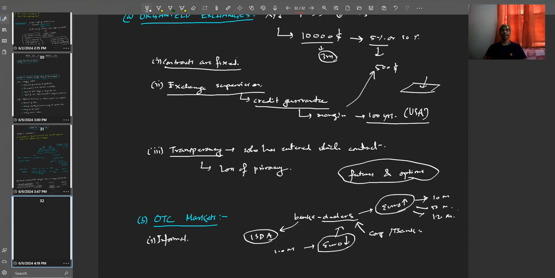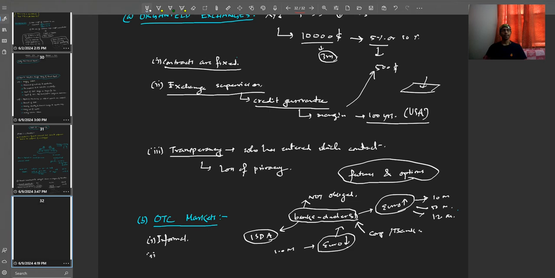This means that these banks acting as dealers are not obliged to do so. So today they are trading in derivatives, tomorrow if they don't want, they don't trade. That does not mean they back out of entered contracts, but it means that whenever they want, they can contract or expand the business as per their will.